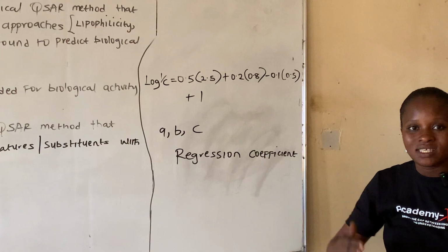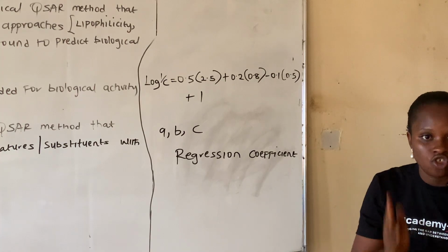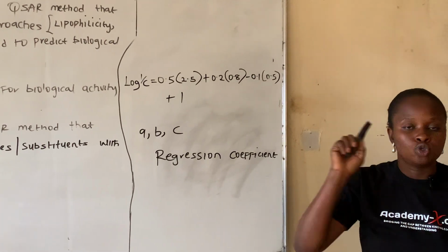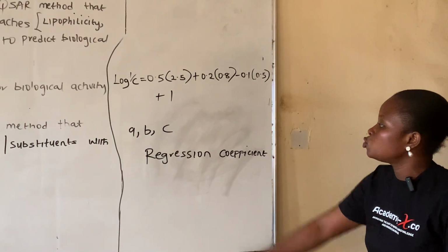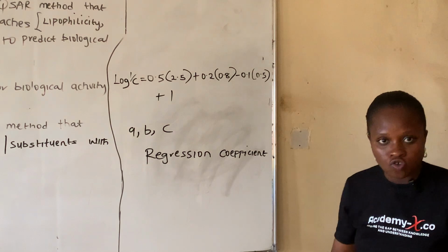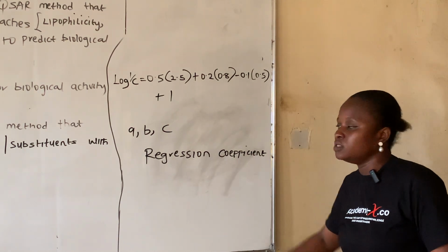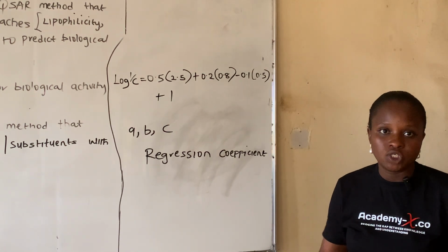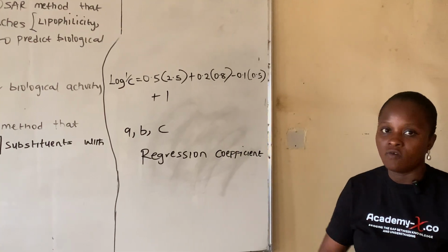Correlation helps you to establish or find out if there's actually a relationship between the two or more factors that you're considering. Whereas what regression does is that if correlation says that there is a relationship, what regression will tell you now is, what is the direction of this relationship? What is the strength of this relationship?